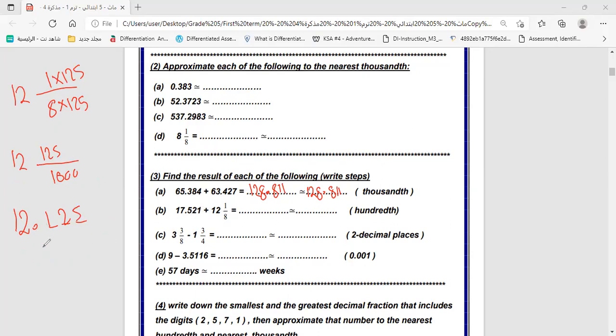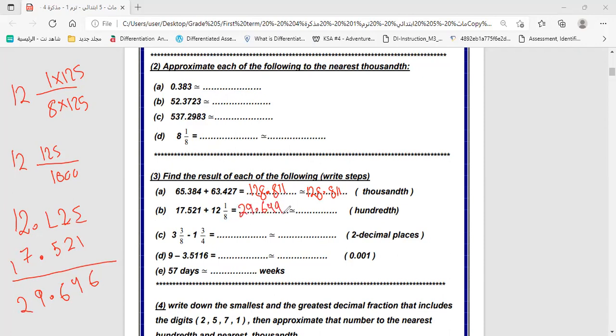17.521. As I told you, put a point under the point. Then put your numbers in its place. Then add normally now. 5 plus 1 is 6, 2 plus 2 is 4, 1 plus 5 is 6, 2 plus 7 is 9, 1 plus 1 is 2. And here, put your result.